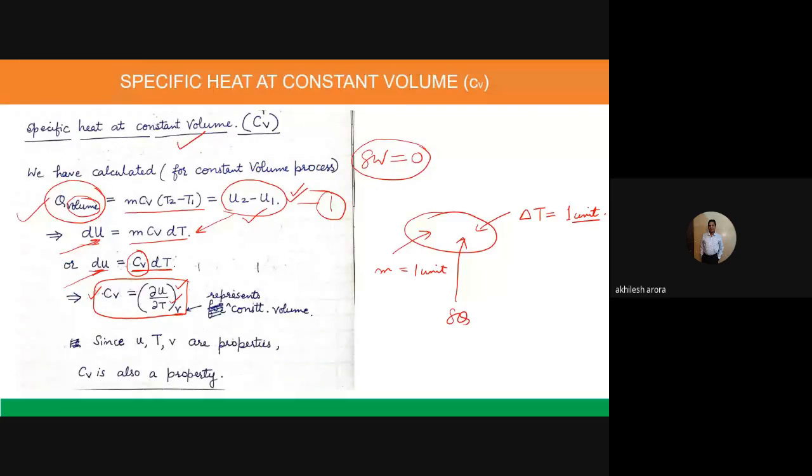So the value of Cv is equal to del u by del T at constant volume. Probably you may not need to use it in this particular course. This is just for information. You should remember it.